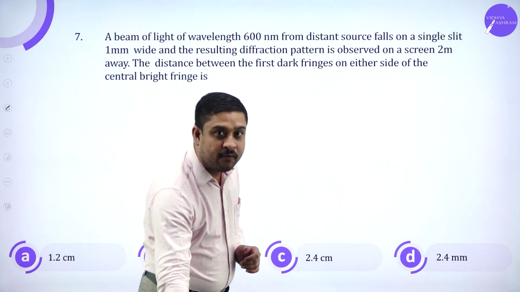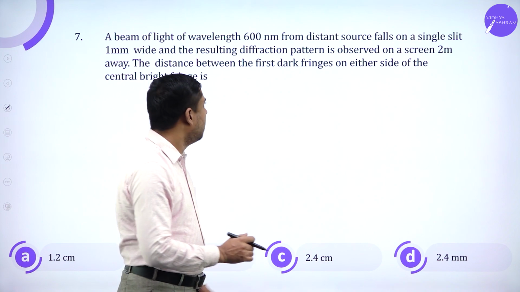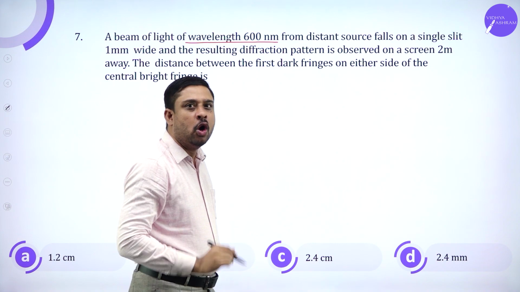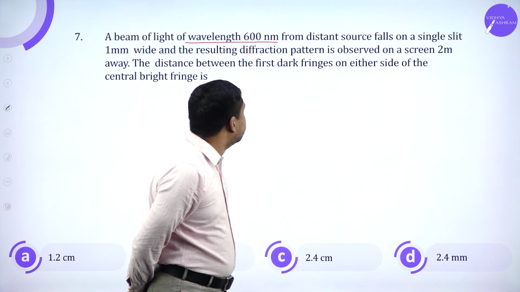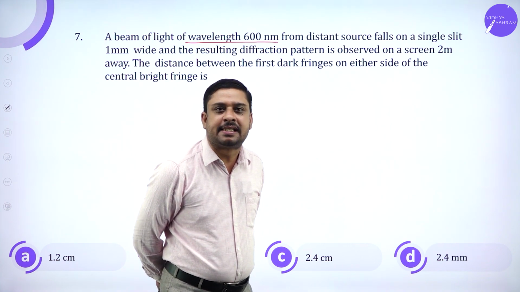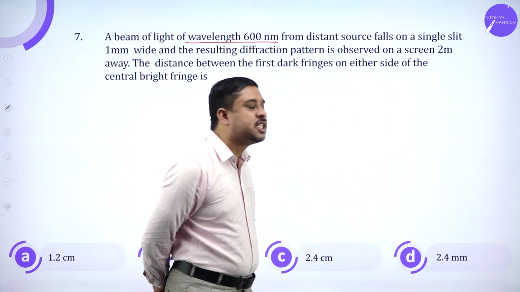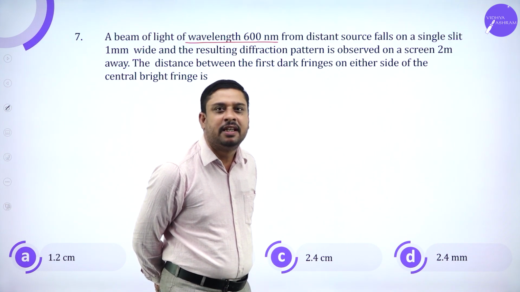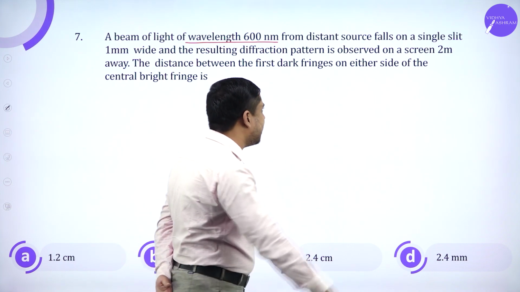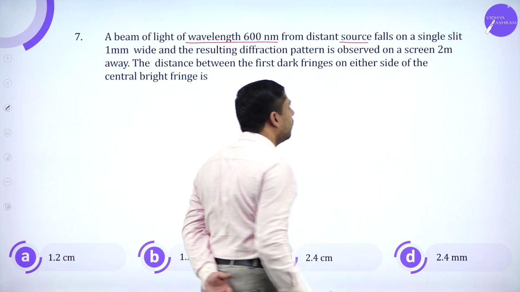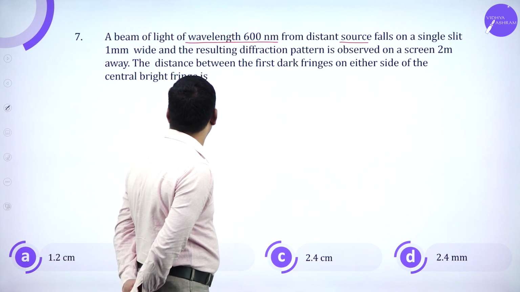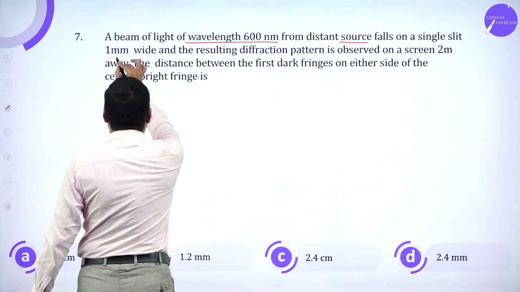Now, very interesting question. A beam of light whose wavelength is 600 nanometer. Consider a beam of light of wavelength 600 nanometer from a distant source falls on a single slit, 1 millimeter wide.